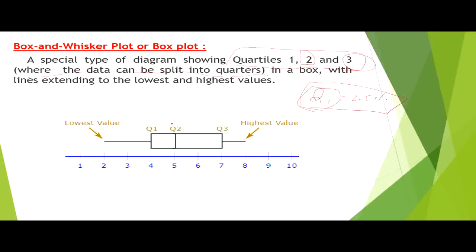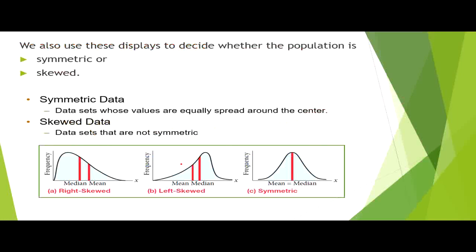So we are splitting into quarters. This diagram represents the quartiles, and the highest and the lowest value will be separately shown here. This can be drawn by SPSS very easily. Now, is the data symmetric or skewed? If the data has a normal curve this way, it is called symmetric data.